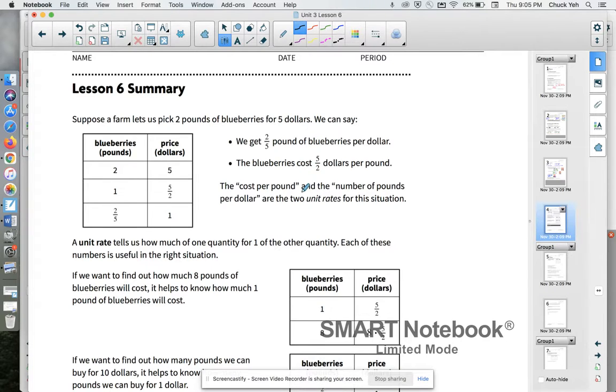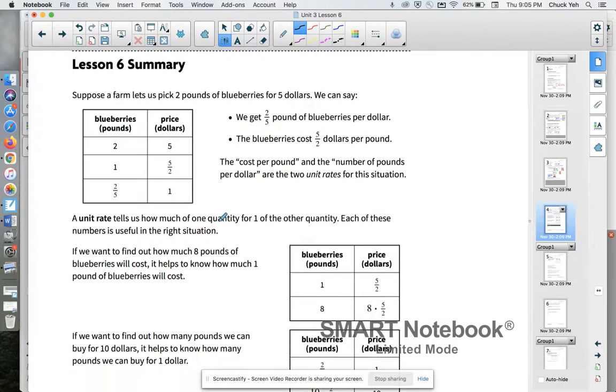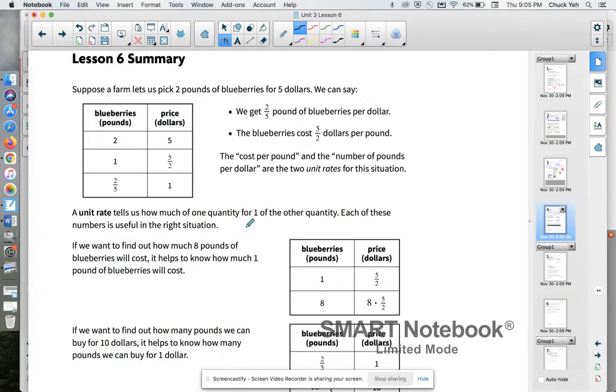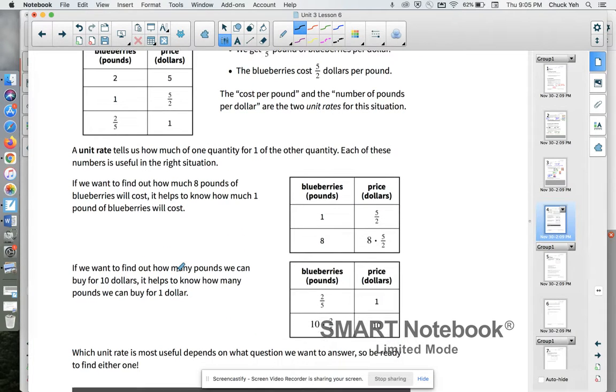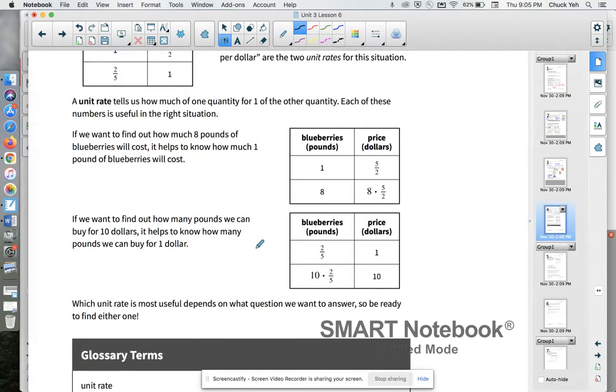The cost per pound and the number of pounds per dollar are the 2 unit rates for this situation. A unit rate tells us how much of one quantity for one of the other quantity. Each of these numbers is useful in the right situation. If we want to find out how much 8 pounds of blueberries will cost, it helps to know how much 1 pound of blueberries will cost. Again, all we're doing is cross multiplying and dividing. That's all we're doing.